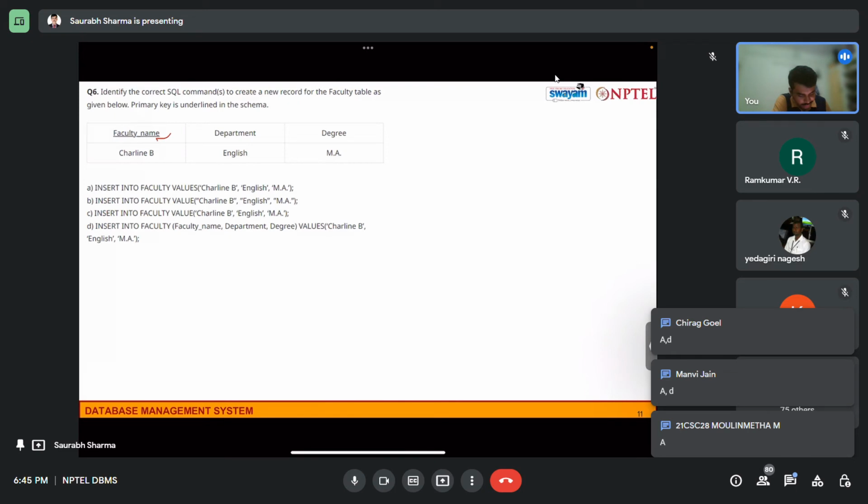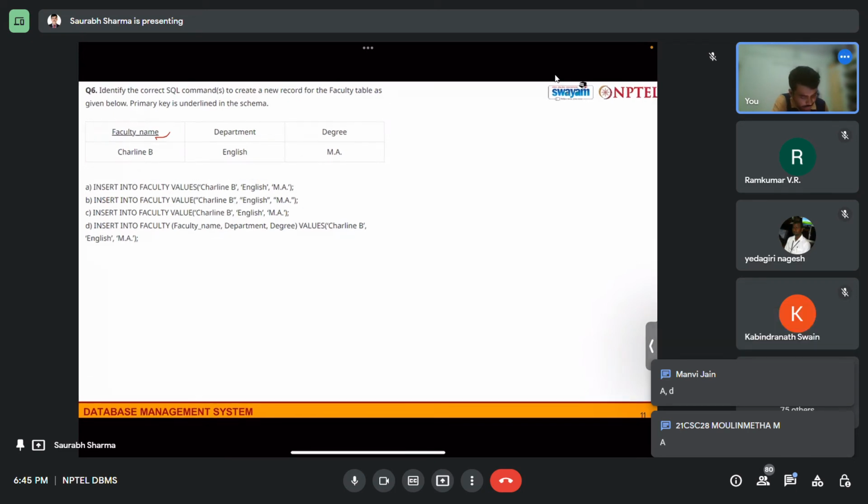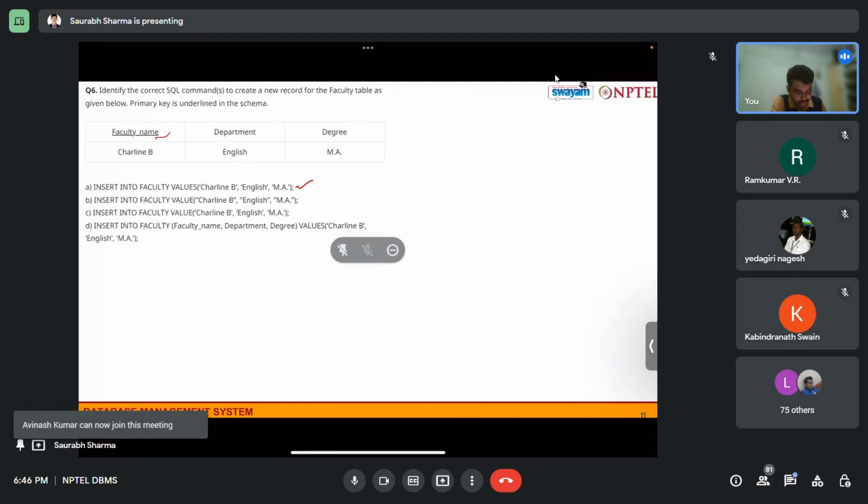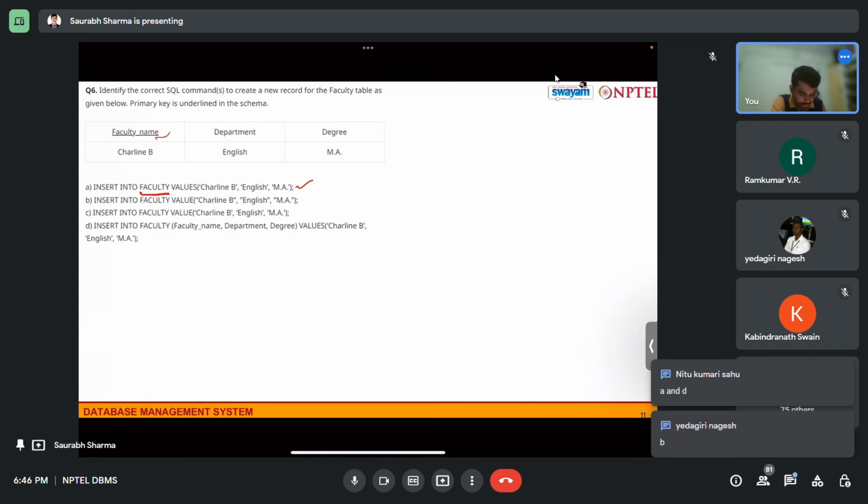Insert into faculty values, Caroline, English, MA. So it is right, there is no problem in the command. Whenever we want to append all the values in a table, we can write the table name only. That is also correct. Then in the second option it says value, so that is wrong, a typographical error.